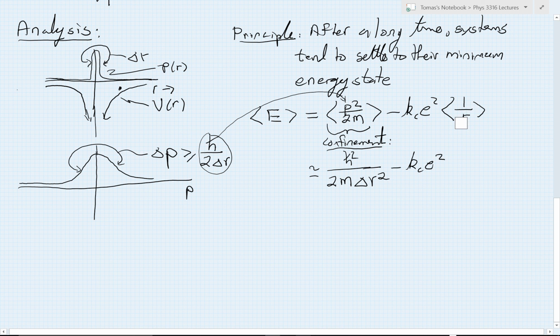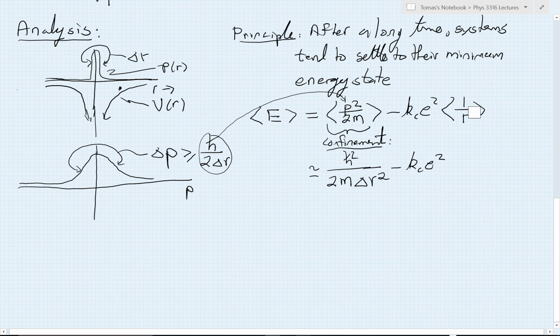Likewise, it's unlikely that R is going to be many times this width, many times this delta R, because the probability of being out there is just so low. So statistically speaking, the most typical values that I get for R are the ones that correspond to this typical width.